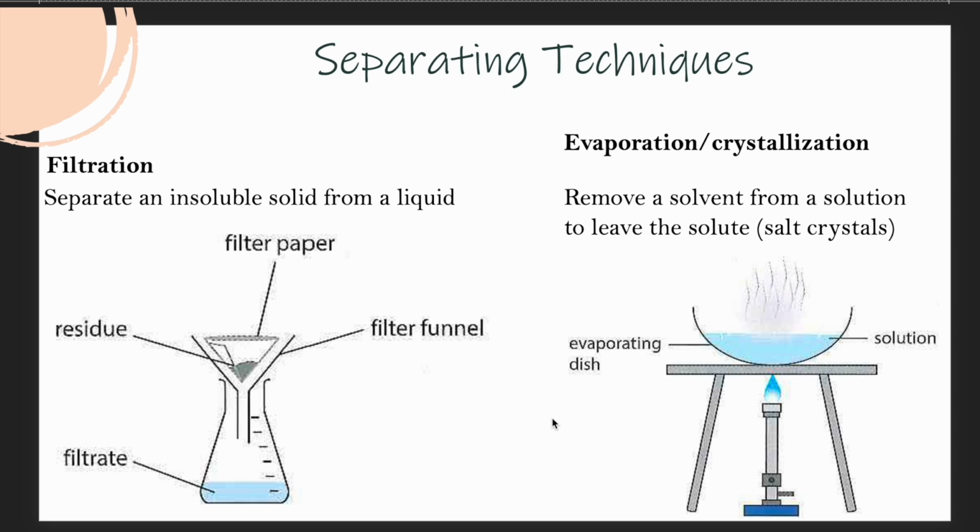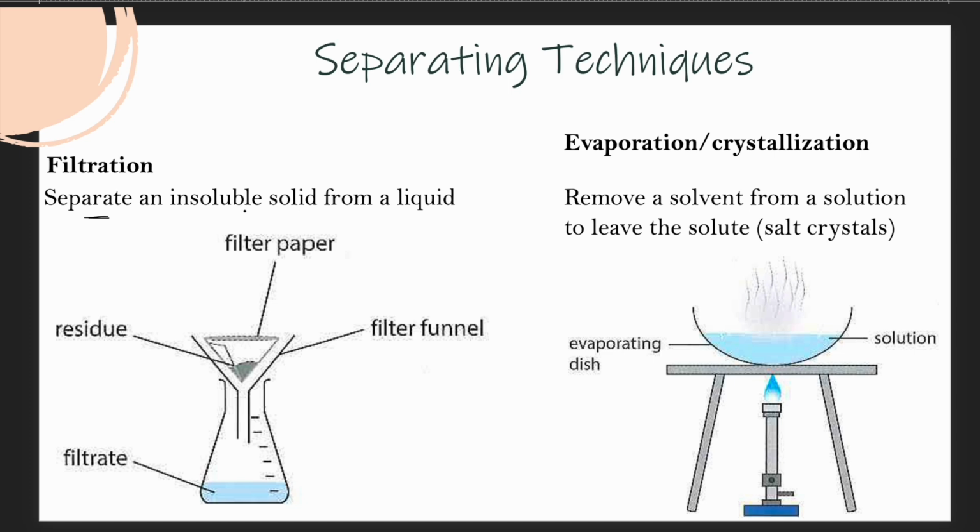Let's talk about filtration first. It's a physical method that is used to separate an insoluble solid from liquid. Filtration is usually used to separate an insoluble solid from a liquid, but it can also be used to separate a solid from a gas.